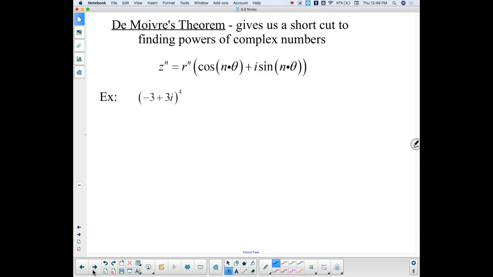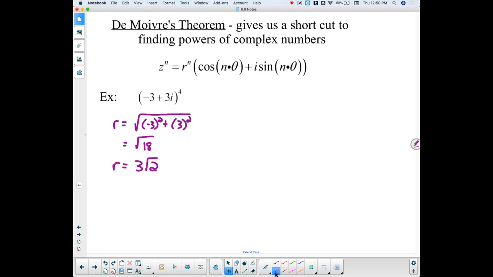Or I could change this over and say that r here is the square root of negative 3 squared plus 3 squared. That's 9 plus 9. That's the square root of 18. So that gives me an r value of 3 square roots of 2.